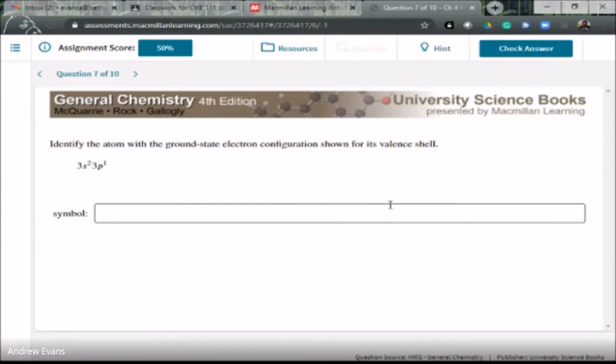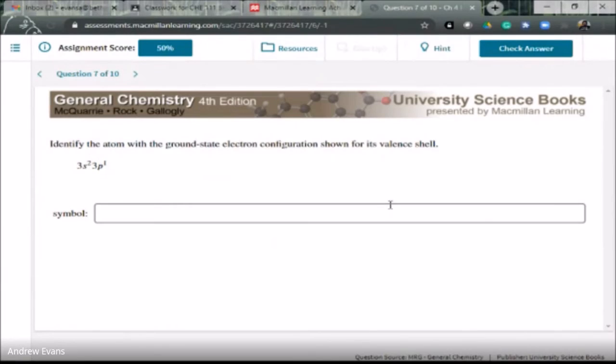Here's a good one. Identify the atom with the ground state electron configuration shown. We're looking at 3s2 3p1. That tells us instantly we're dealing with row 3, and it has 3 electrons in row 3. Working our way across row 3: sodium, magnesium, aluminum.